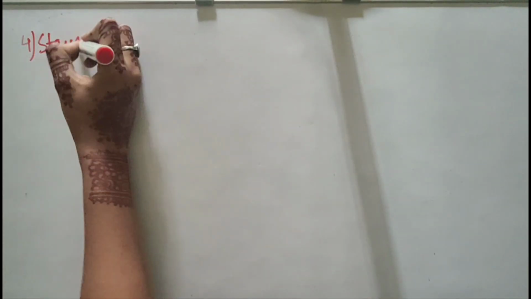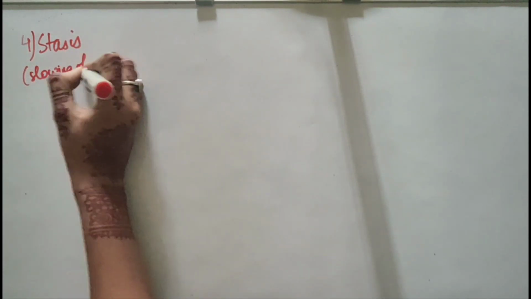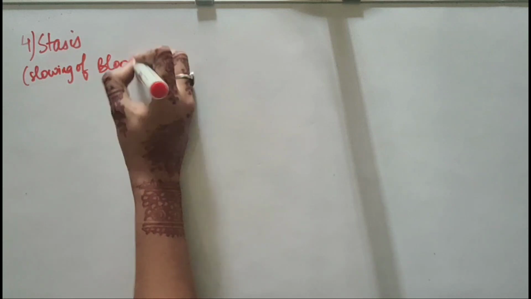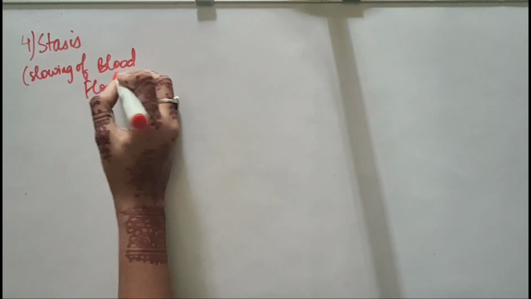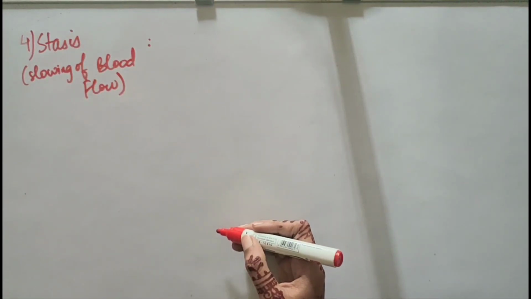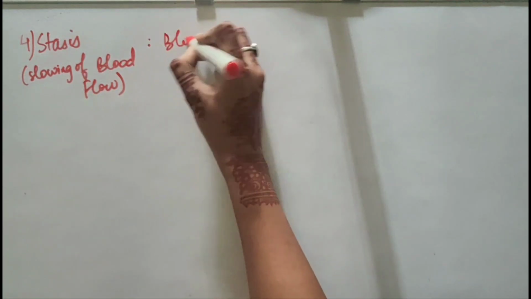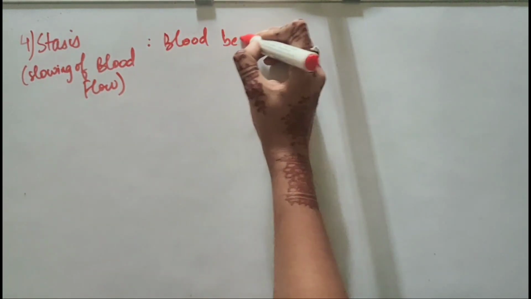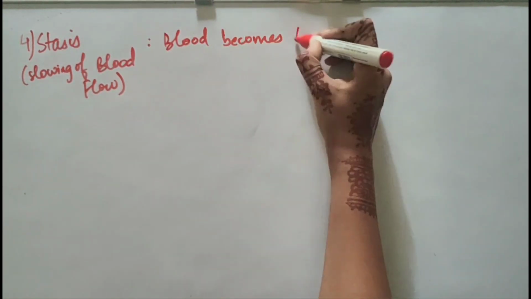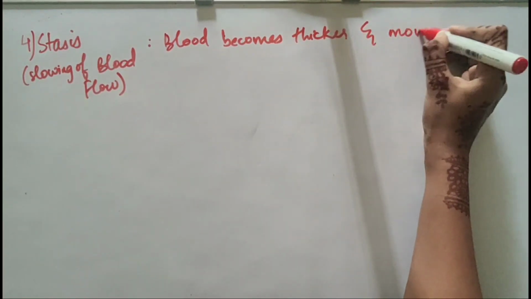Then we have the stasis or slowing of blood flow, which is since the fluid leaks out, the blood inside becomes thicker and moves slowly.